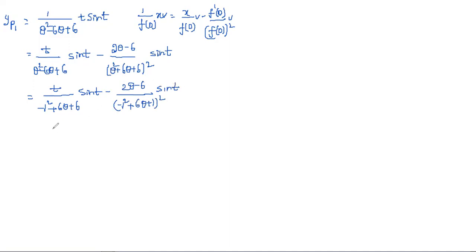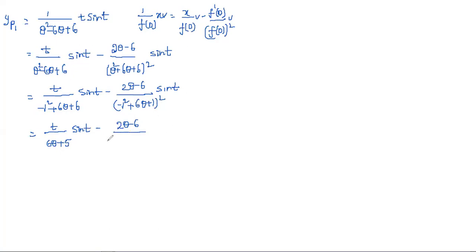And then here it is having t by, so this is simply what we'll get, minus 6 theta, 6 minus 1 is nothing but 5, into sine t minus 2 theta minus 6 by. So what we'll get here is minus 1 square, which is nothing but minus 1. So minus 1 plus 6 both will cancel.